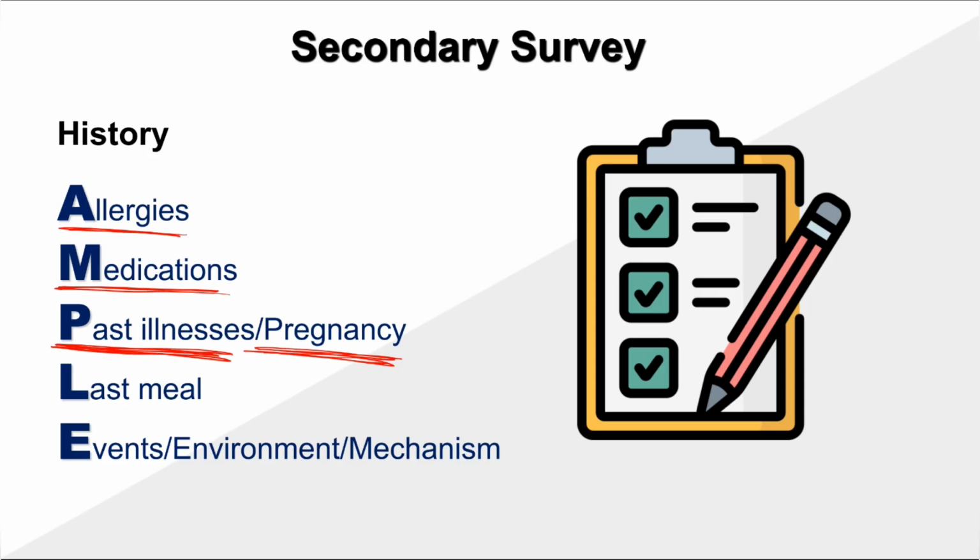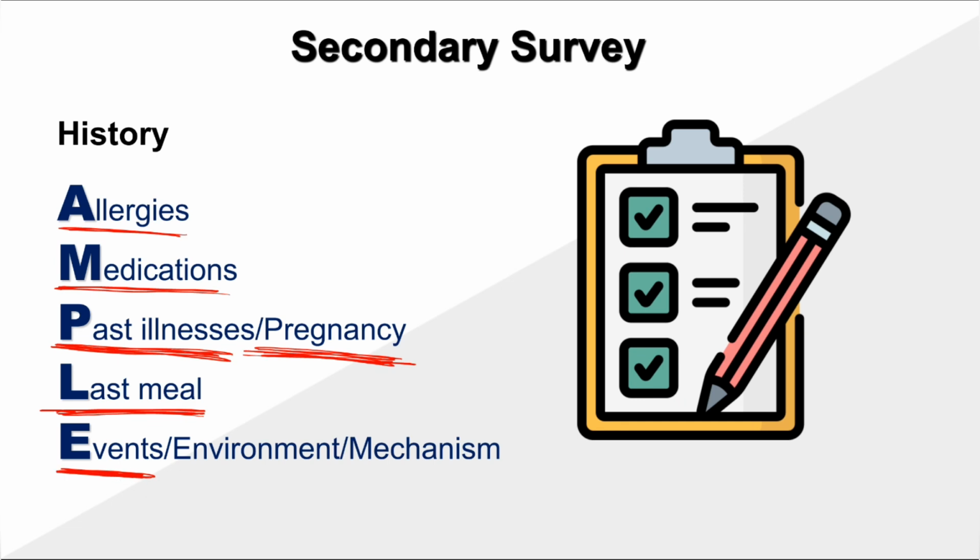If any lady is of childbearing age, you have to send a pregnancy test, because at that time you are treating 2 people. L is last meal. The last meal is essential, especially when you want to intubate the patient because of the risk of aspiration pneumonia.